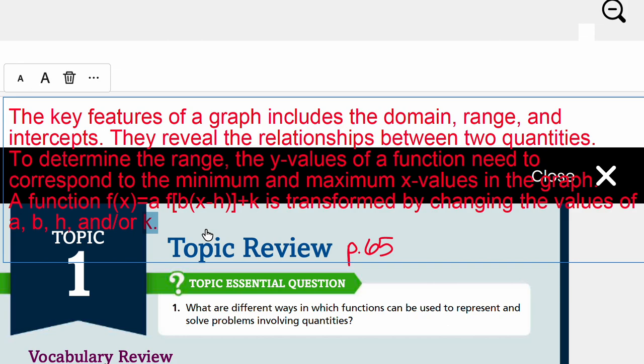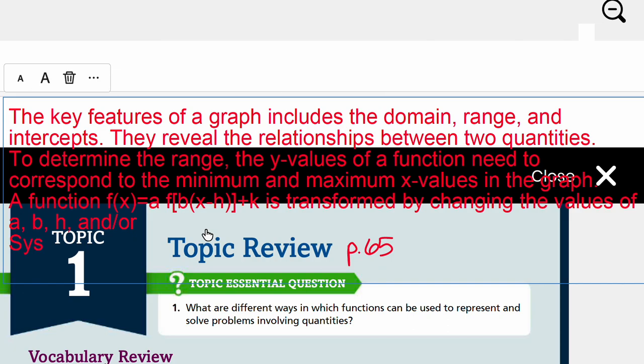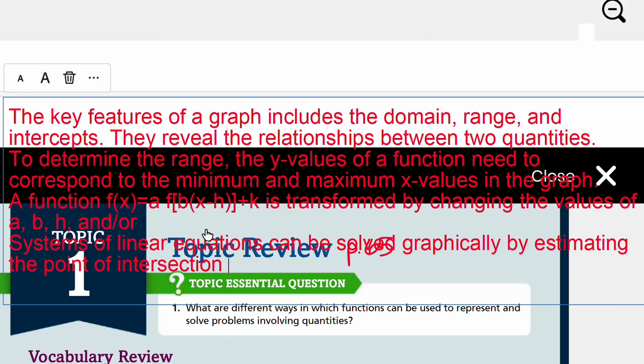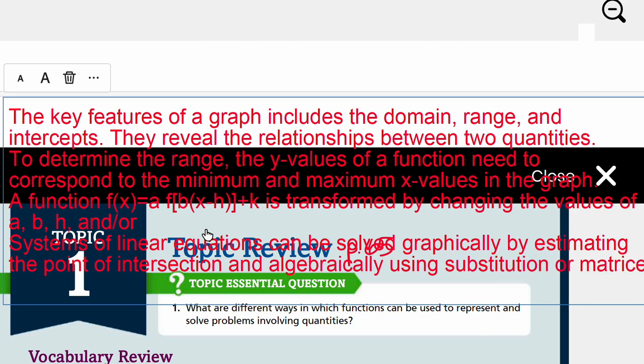Let's talk about systems of equations. Systems of linear equations can be solved graphically by estimating the point of intersection and algebraically using substitution or matrices, right?